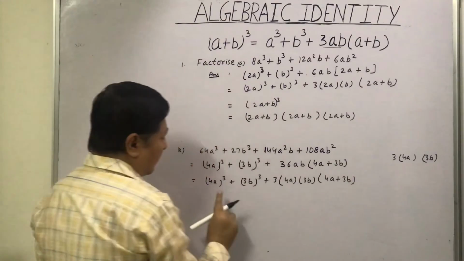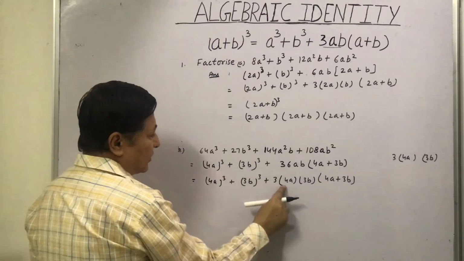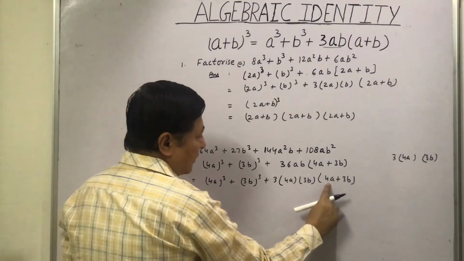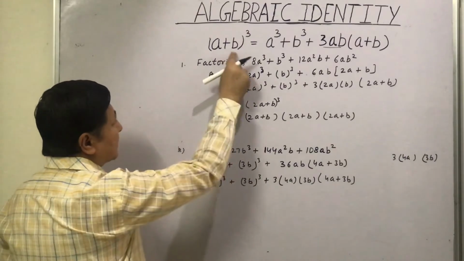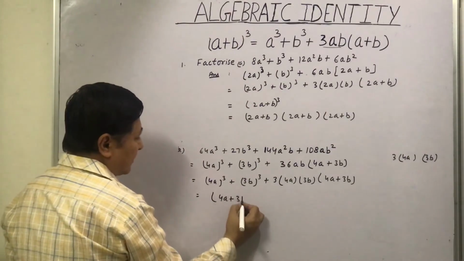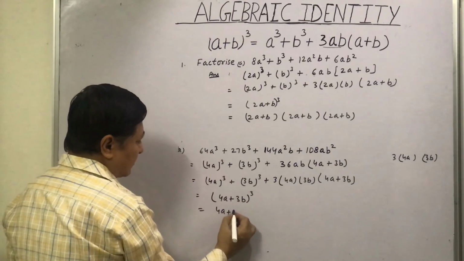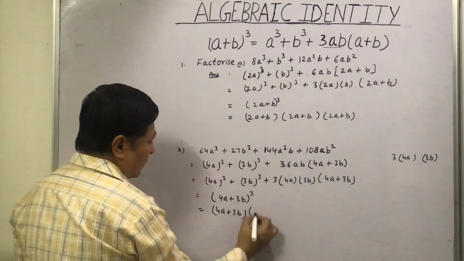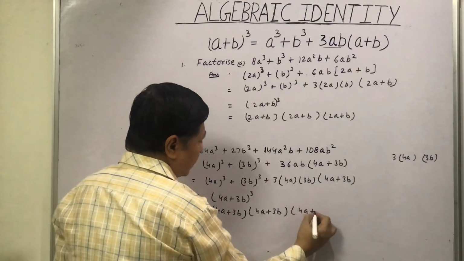So now we are getting the form of the identity a cube plus b cube plus 3ab(a plus b). So now we'll use that it will be equal to (a plus b) whole cube, that will be (4a plus 3b) whole cube. So we'll write it 3 times: (4a plus 3b)(4a plus 3b)(4a plus 3b).